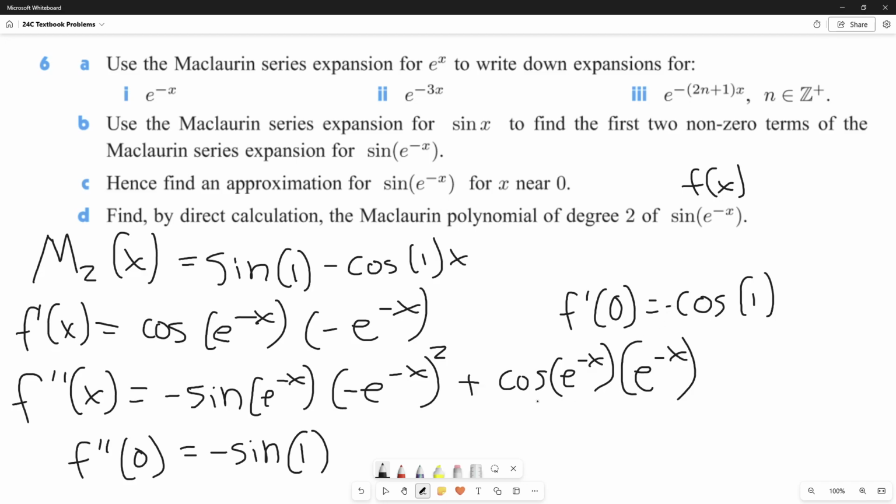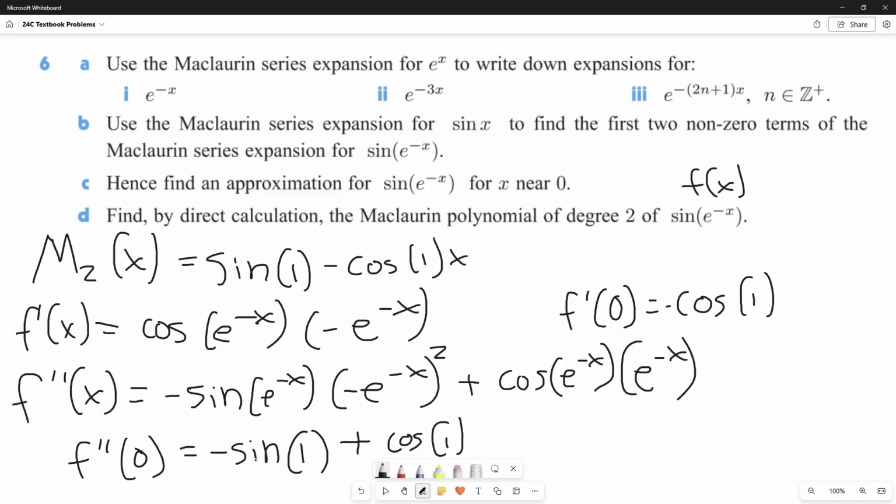So that just keeps negative, plus cosine of e to the negative 0, which is cosine of 1, and e to the negative 0 is 1.